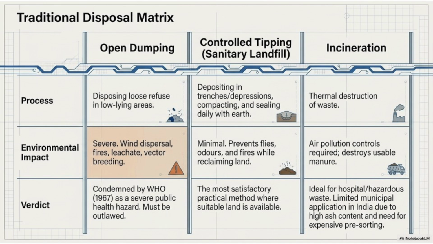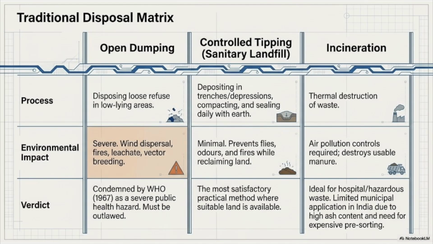Open dumping involves disposing loose refuse in low-lying areas, but its environmental impact is severe, causing wind dispersal, fires, leachate, and vector breeding. This method was condemned by the World Health Organization in 1967 as a severe public health hazard that must be outlawed.